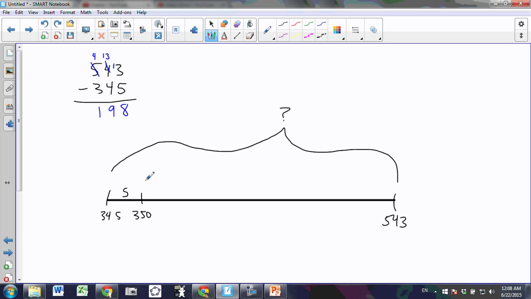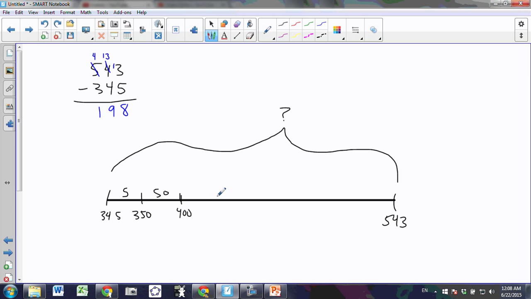That's 5 right there. And then we'll go to the next 100. 350. The next 100 that we get to is 400. Of course, this is not a scaled number line. I've got 50 here, and I've used the same amount of space as I used for 5, so we're not worrying about the scale here.